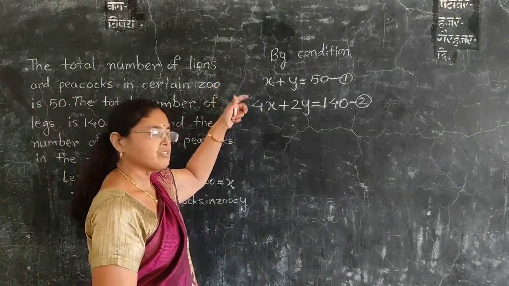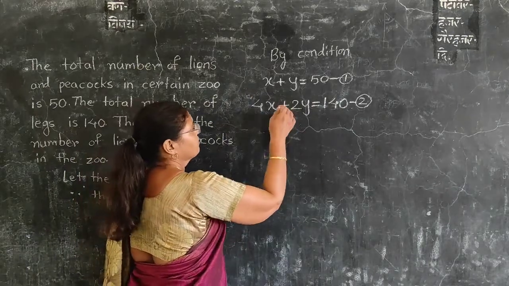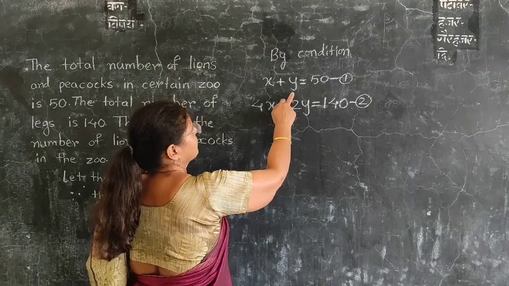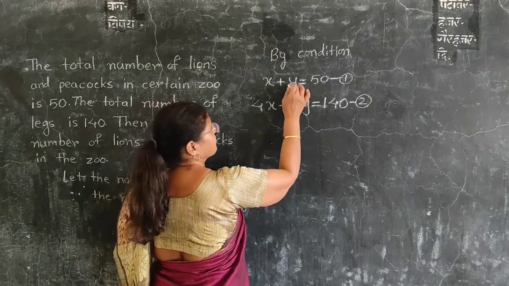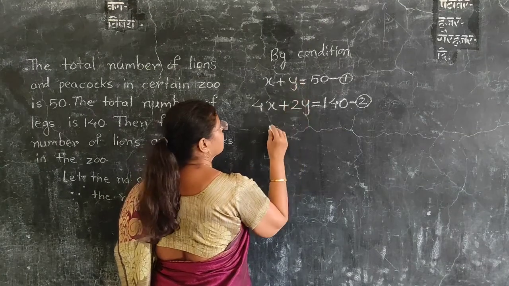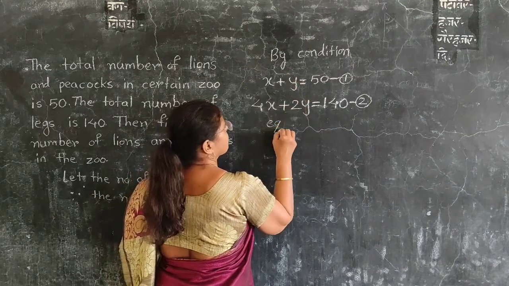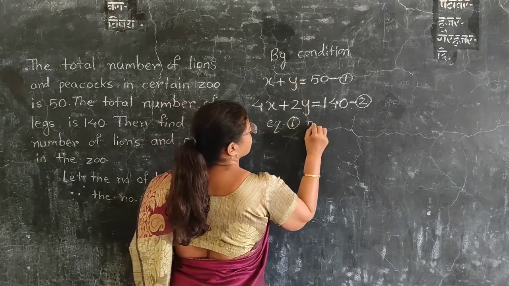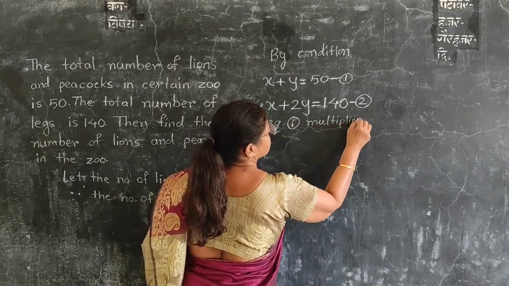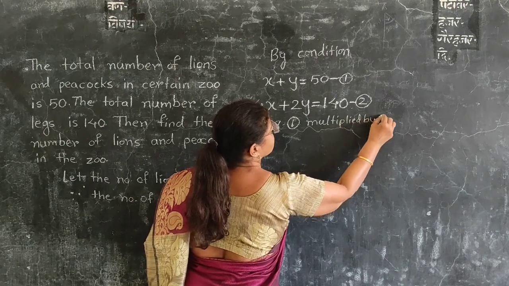Now we have to just solve it. We can make the coefficient of any one variable equal. Let us make the coefficient of variable y equal. For that, equation 1 should be multiplied by 2.